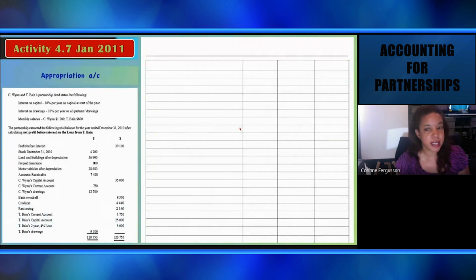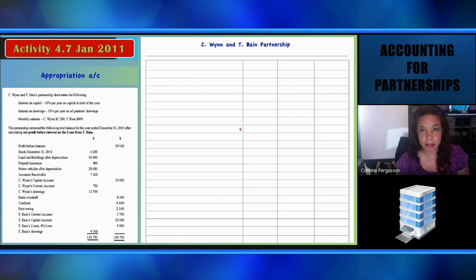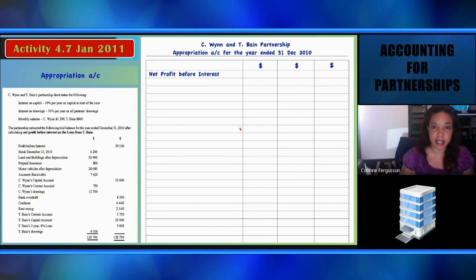going to go into the actual doing of the question, and we will do it quickly. You put the name of the partnership business one time, and you state what we are doing, which is the appropriation account for the year ended 31st December 2010. And then you have your dollar signs, and this is the format that I use.